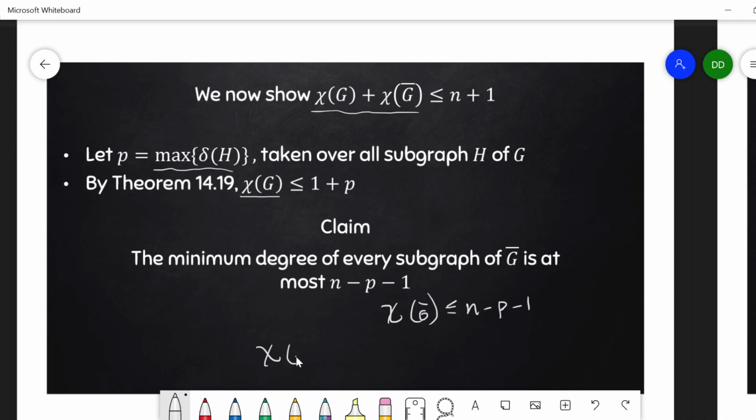And then the chromatic number of G plus the chromatic number of G complement will be 1 plus P plus n minus P minus 1.